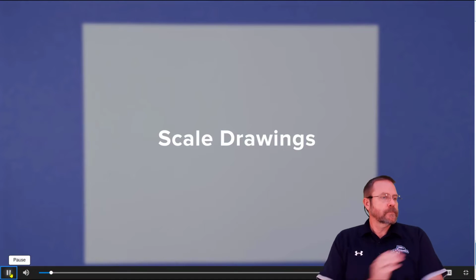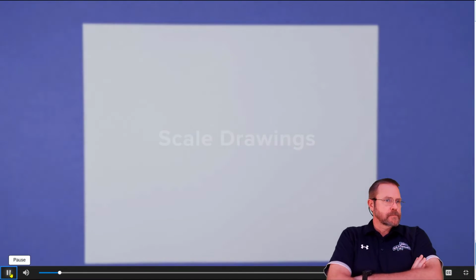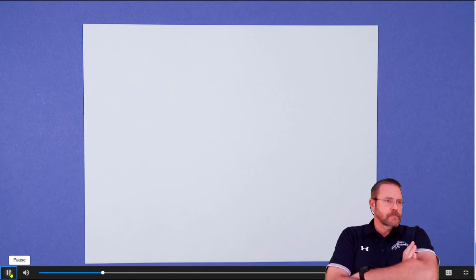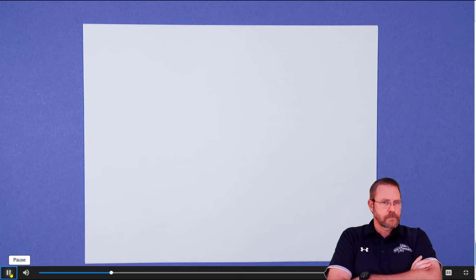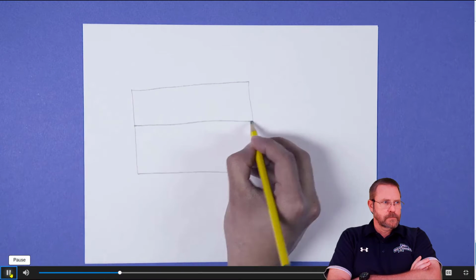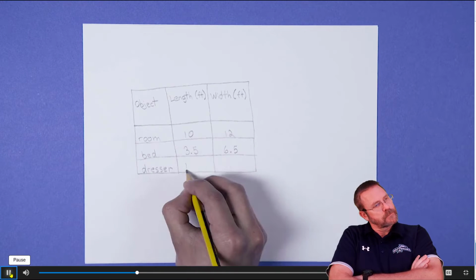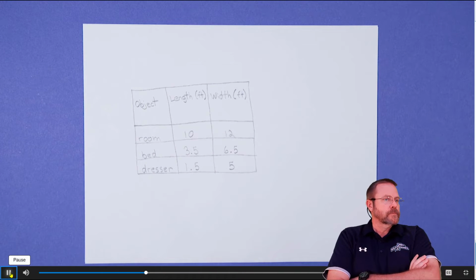Scale drawings. Designers use scale drawings when designing the layout of a room. To create a scale drawing of your bedroom, first measure its length and width, and then measure the lengths and widths of the items in your room. Make a table and fill in the measurements for the items in your room. Choose a scale for the drawing.